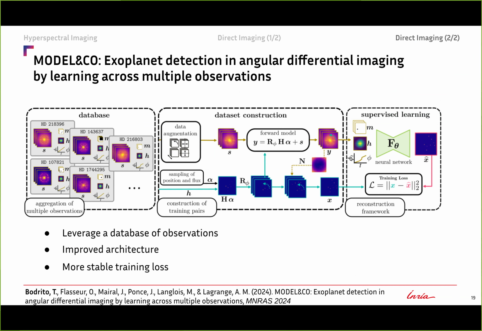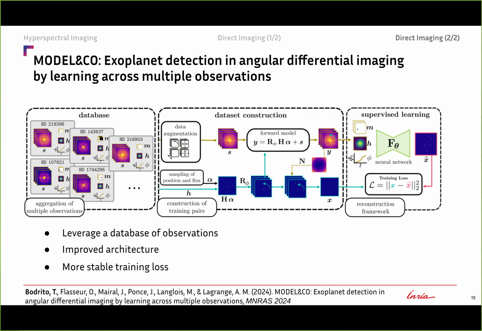The first one is that we have an observation independent approach. The model is trained only once on a large archive of observations, and we have a single model for every observation, not a model per observation. That's already very different and quite practical if you want to process a lot of observations.